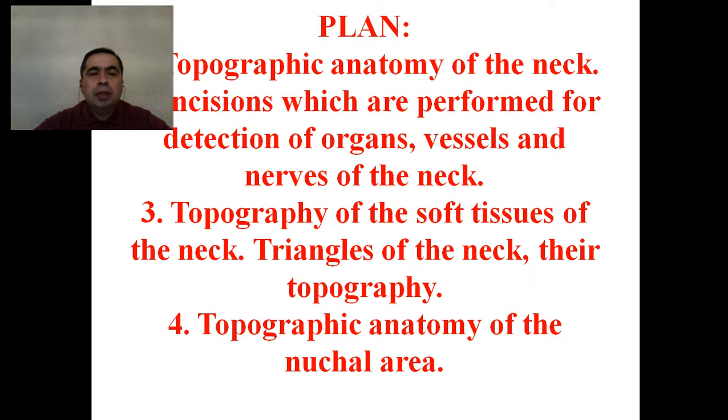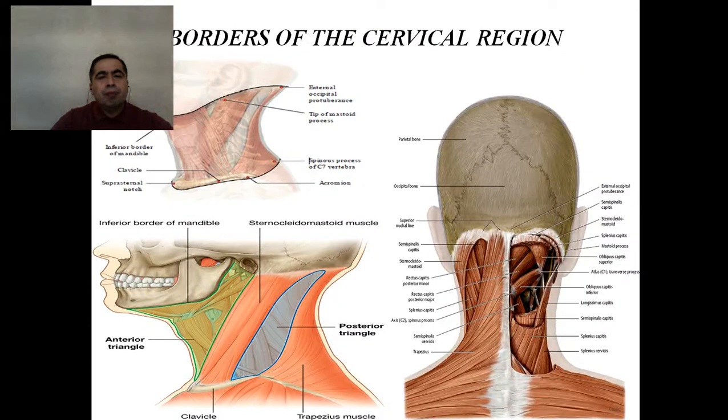The second part of our lecture will be devoted to incisions which are performed for detection of organs, vessels, and the nerves of the neck, topography of the soft tissues of the neck, and triangles of the neck, their topography. Topographic anatomy of the nuchal area is the fourth part of our lecture.